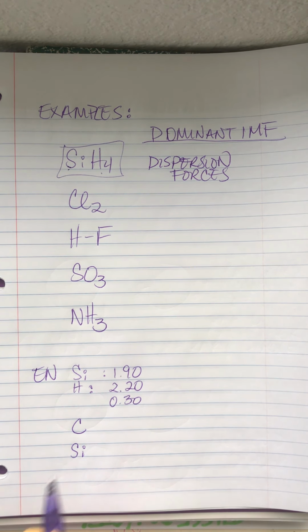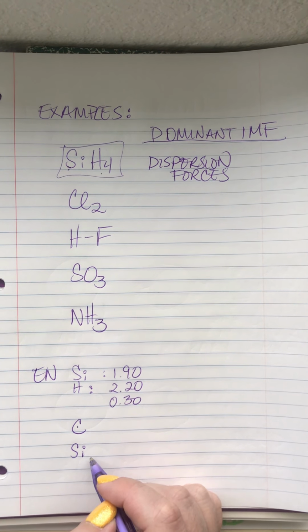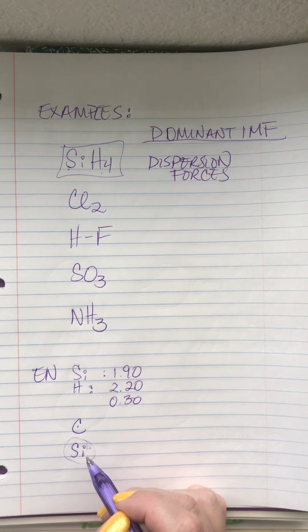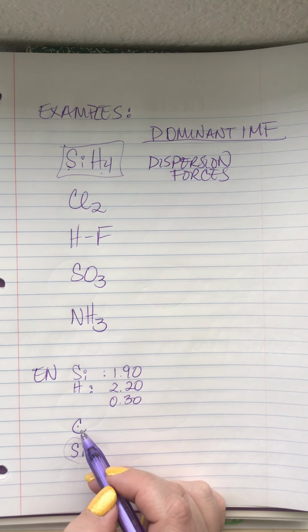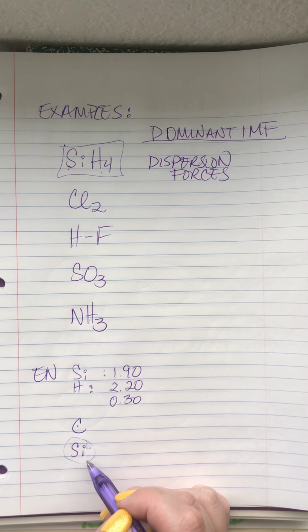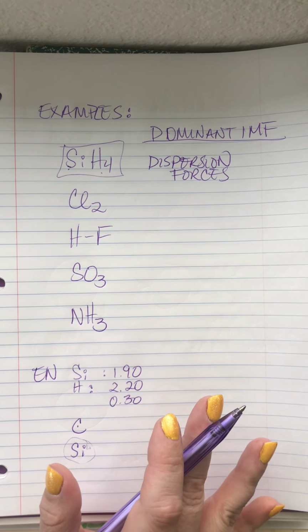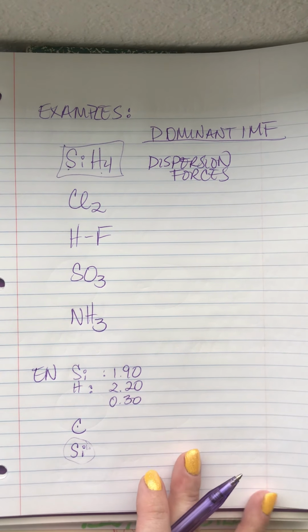It decreases. So if we know that carbon and hydrogen make a nonpolar bond, and silicon is even less polar than carbon, then it stands to reason that this would make a nonpolar bond with hydrogen also. Does that make sense, guys? Again, wouldn't test you on it, but just trying to get you through some of the logic here. Cool?